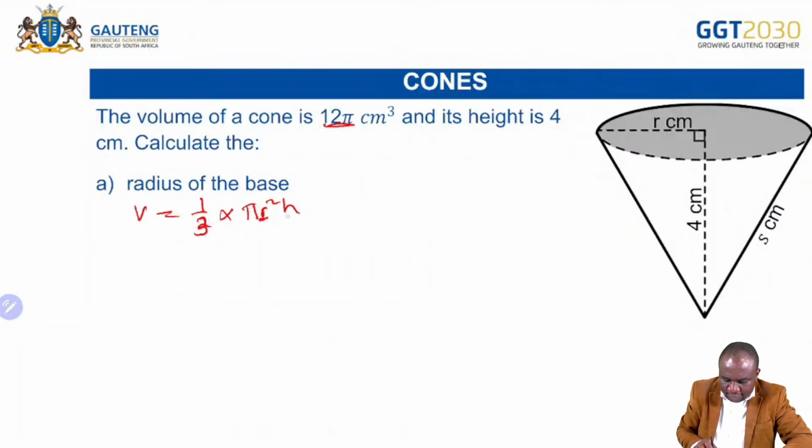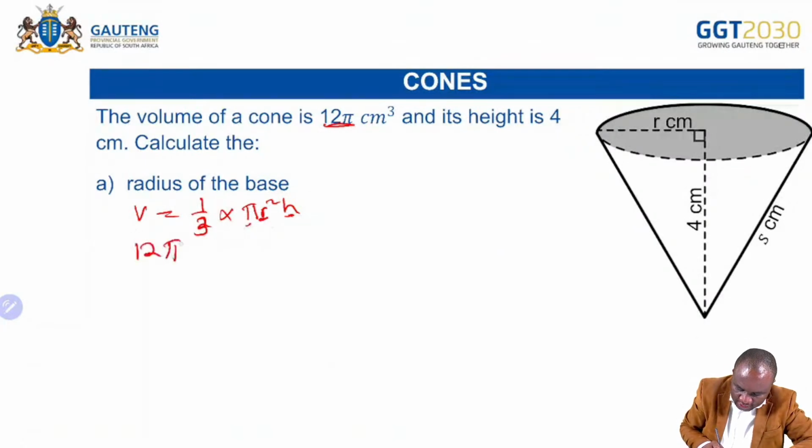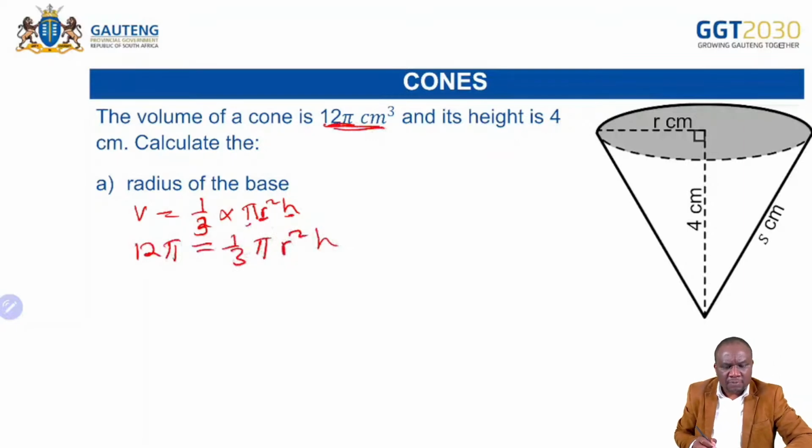We have height, we have pi, we have volume. So 12 pi is equal to 1 over 3 pi r squared height. And then we can divide both sides by pi, so pi divided by pi cancels out.